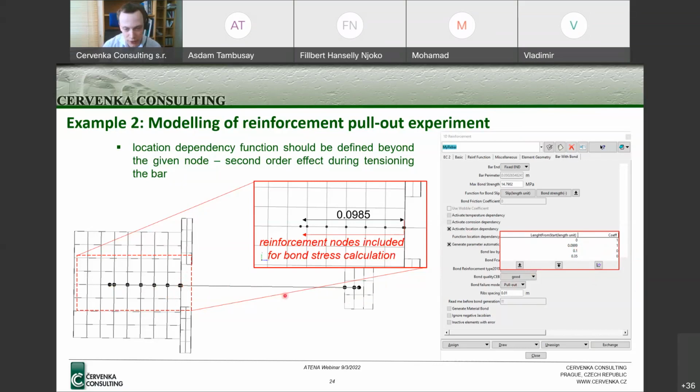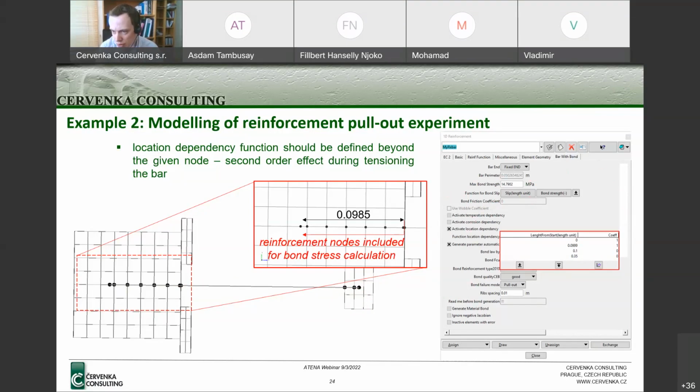And for the boundary node, which is 0.1 meter, I switch the relative strength to 0 and keep it to the end of the reinforcement, which is this last point. I don't need to be worried about the bond slip law in here, because I already said that the last point is fixed to the loading plate, so no need to activate it at the end.